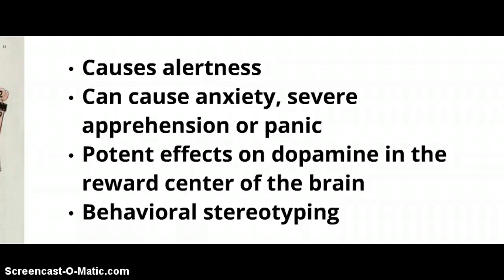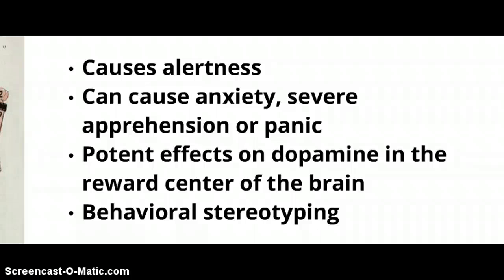Here, these are the effects of amphetamines. The major thing is amphetamines overcome fatigue. So, when you have a society where people are chronically overworked and fatigued, amphetamines work really well. We talked about the military still using amphetamines.